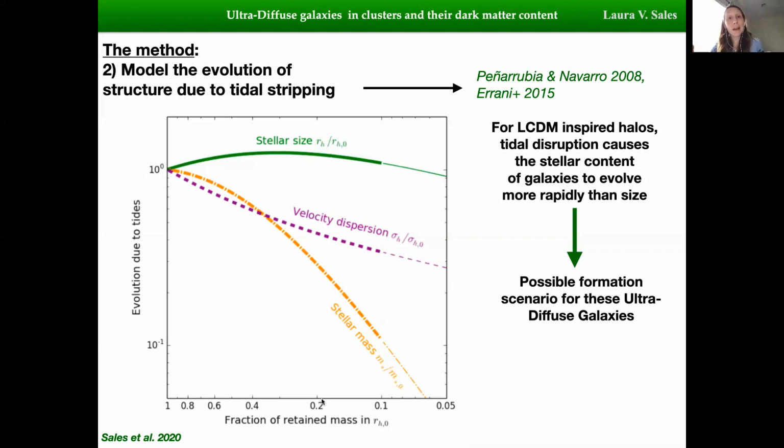So once we have our initial size assigned, as I just explained, you can actually predict the final size and everything else. And from these curves, you can already have a hint of what is going to happen.